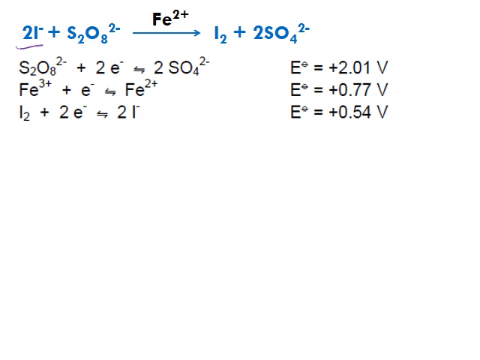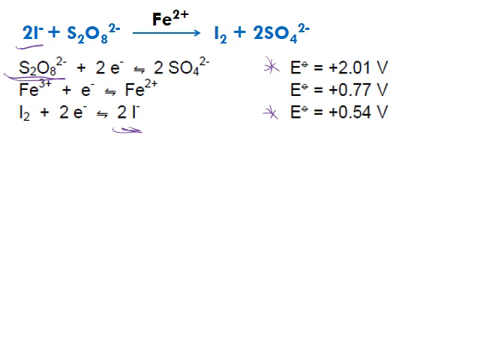So let's have a quick look. We've got 2I- over here reacting with the S2O8 2-. I'm going to identify where they are to start with, and that just means that I would be using these two standard electrode potentials. And if it's feasible, then we know that we need to get a positive E cell.